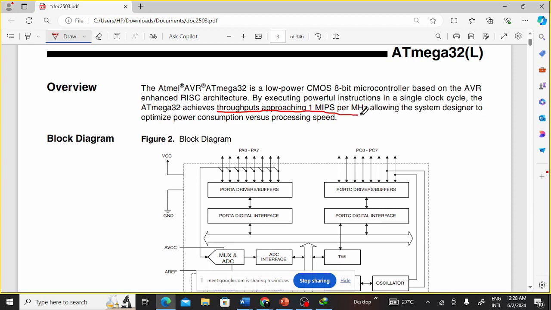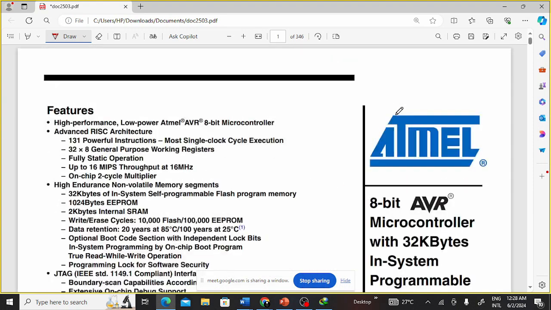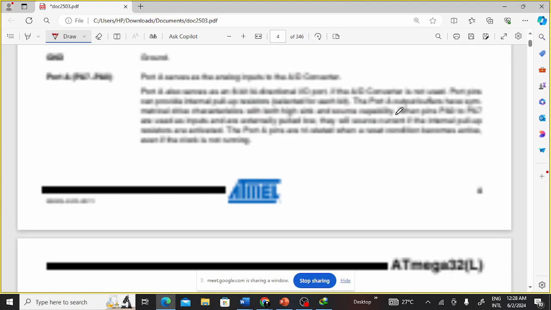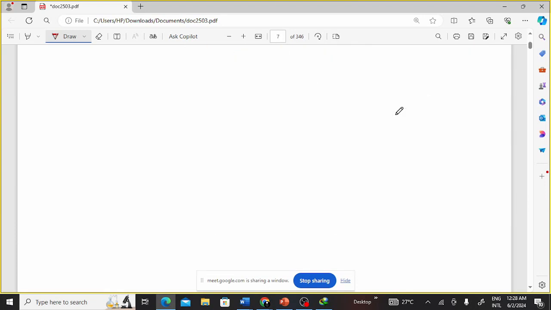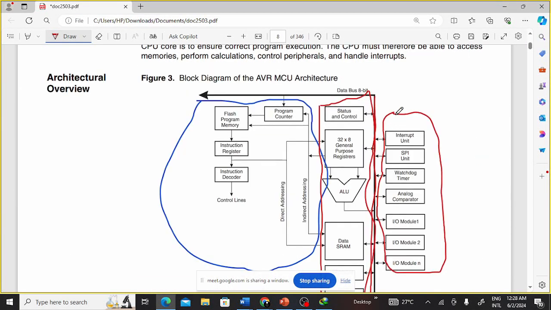So from this datasheet, from here to here, I've explained everything that is there up to this junction. Alright.